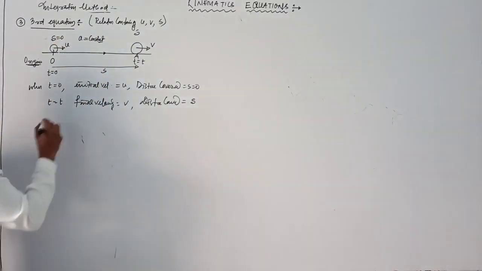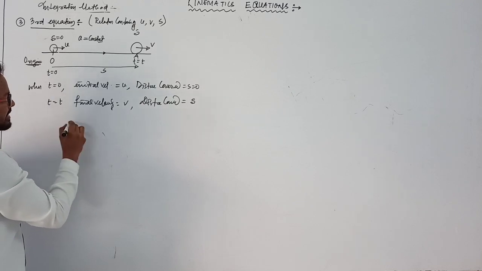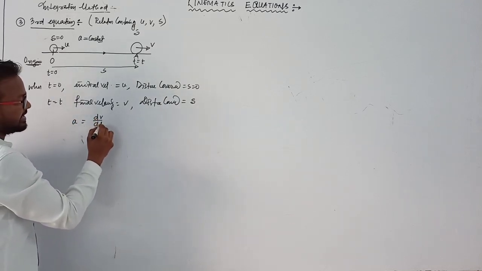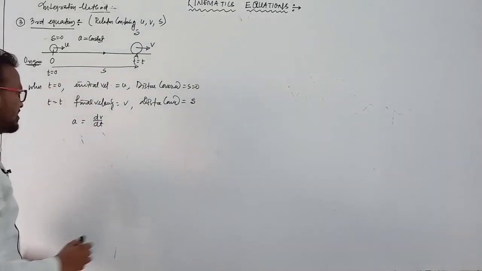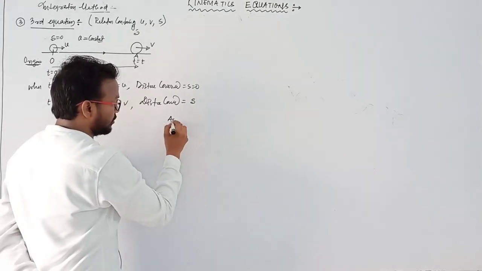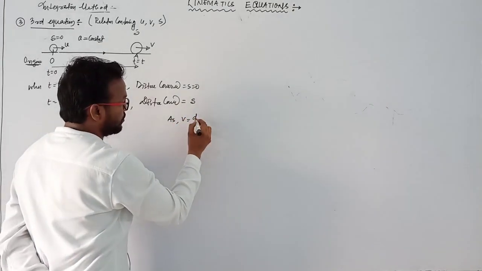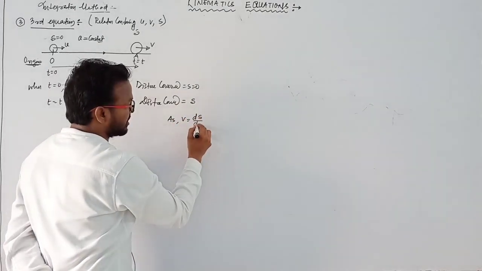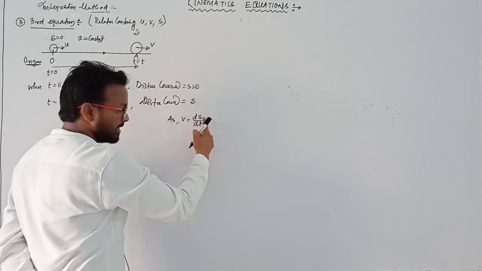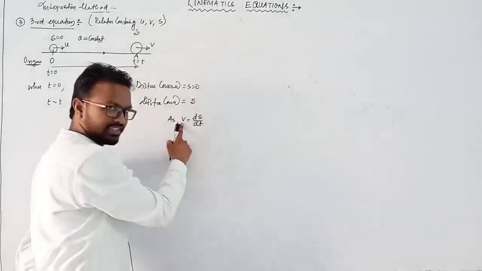Clear? So in this case we already have the relation a equal to dv by dt. This is known as instantaneous acceleration, and we already know v equals ds upon dt, meaning the rate of change of displacement is equal to velocity.